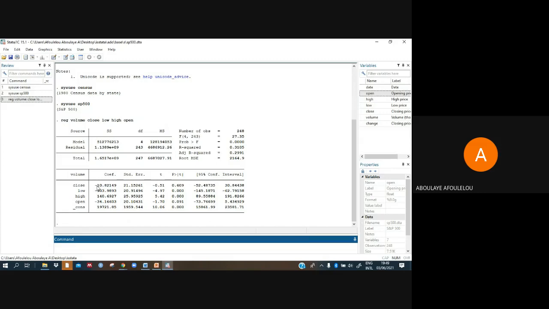In that case, if you want to give the interpretation: the increase of closing price by 1 unit will reduce the average volume by 10.80 units, holding all other variables constant. Okay, but now we know that the relationship and the correlation is negative.